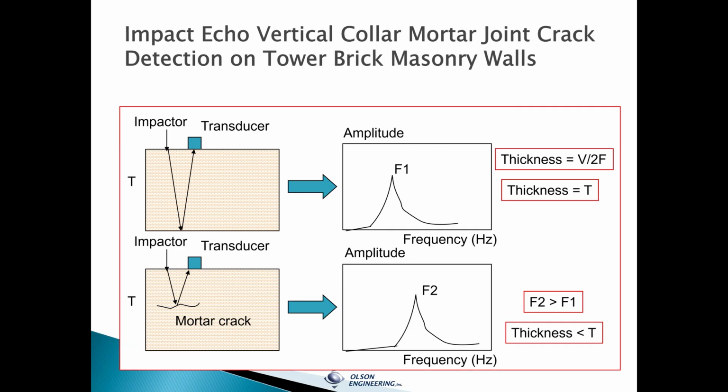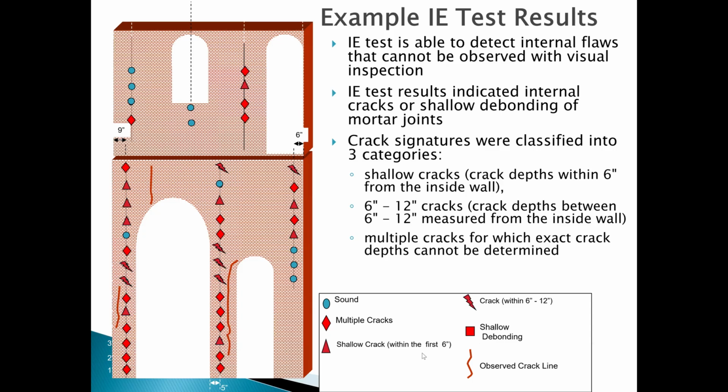So we were grading the impact echo results basically based on it's either a full thickness echo or something shallower from an internal mortar crack in the vertical collar joints, and that would be a higher frequency. So we took this data on a grid to characterize the walls, and this just shows one of the walls where you've got sound results plotted versus multiple cracks versus shallow cracks in the first 6 inches by the diamonds versus the triangles.